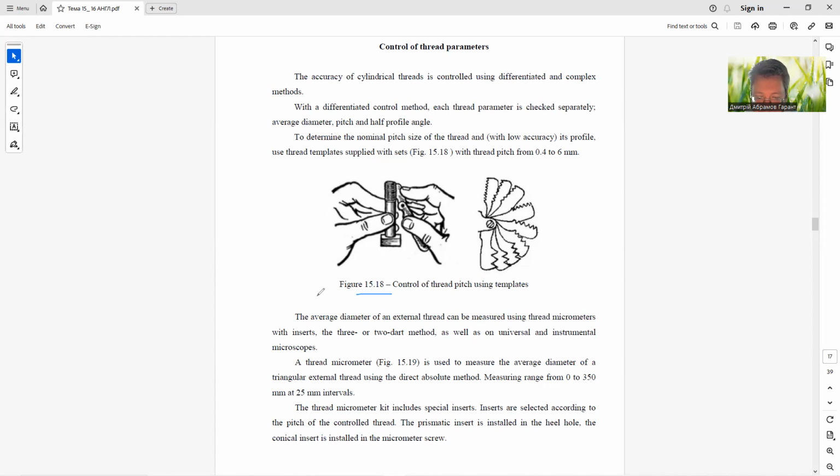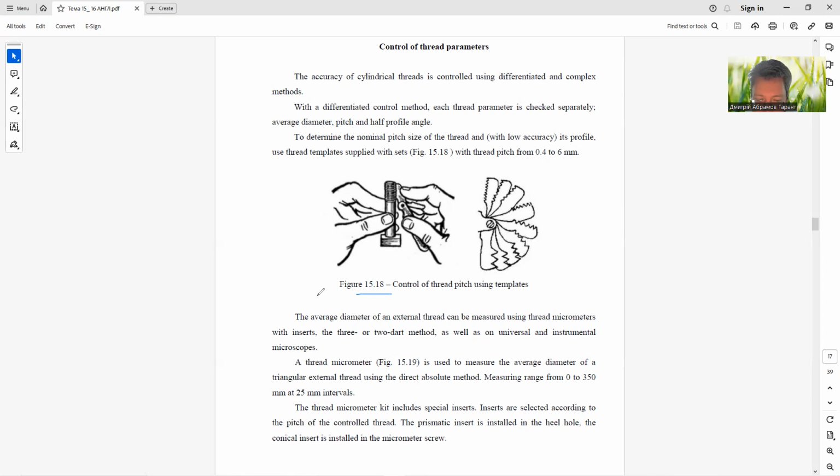The thread micrometer kit includes special inserts. Inserts are selected according to the pitch of the controlled thread. The prismatic insert is installed in the heel hole.